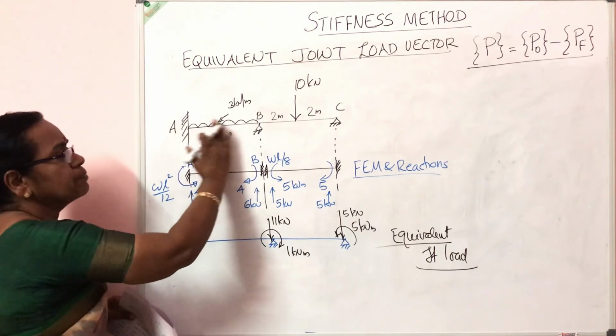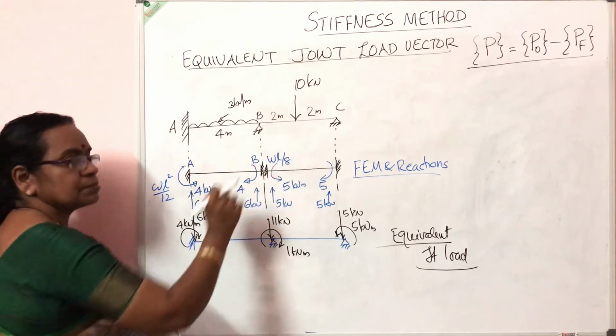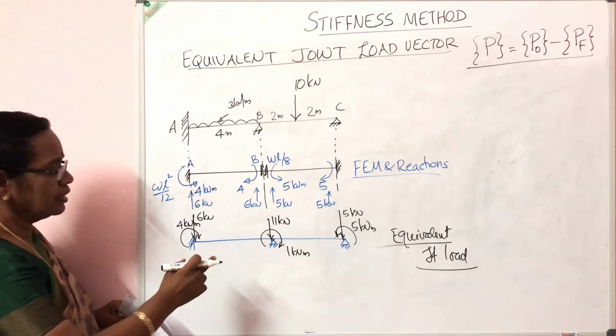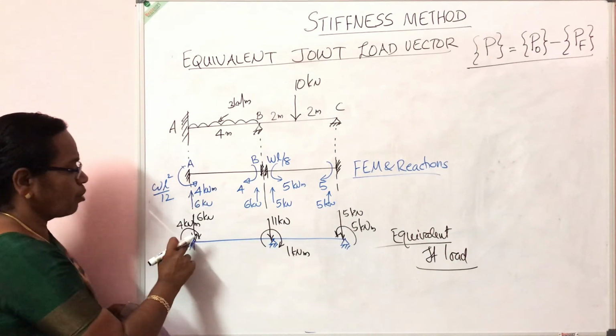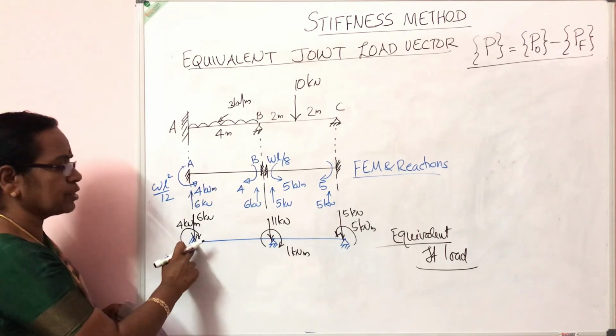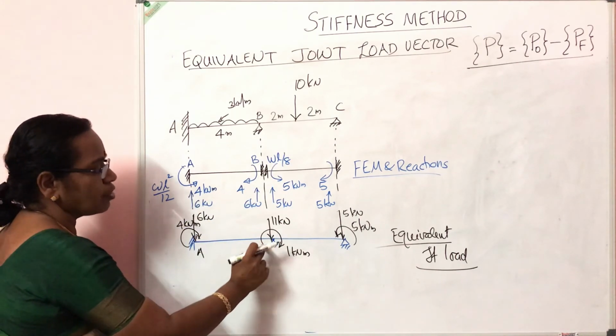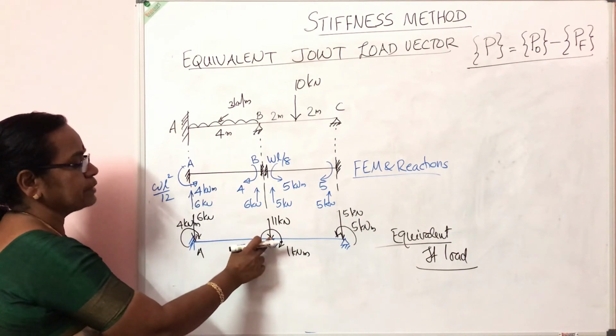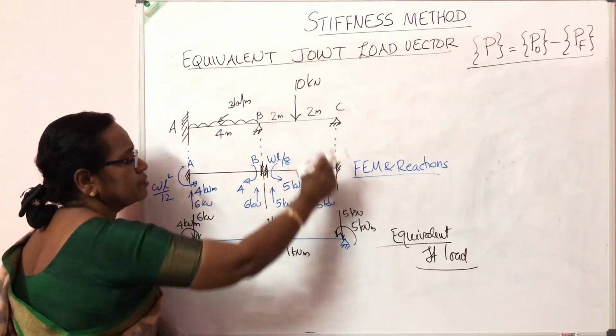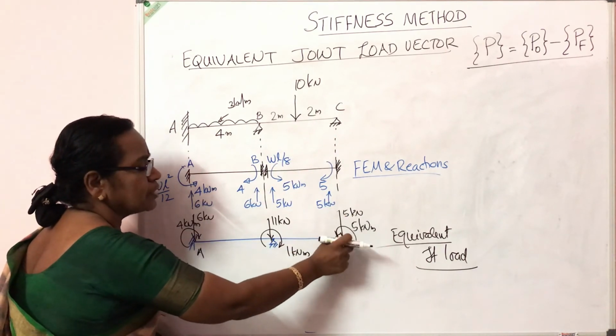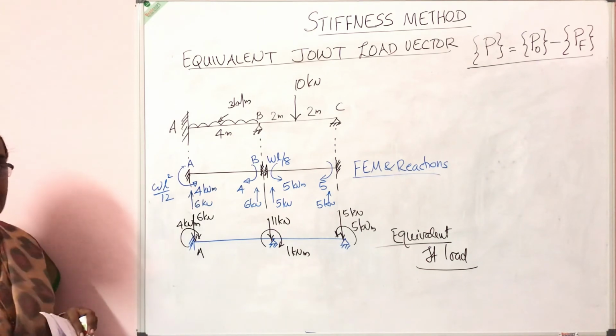So this beam ABC having these loads is replaced as a beam ABC with a moment 4 kN meter and 6 kN acting at A, 11 kN acting downwards and 1 kN meter acting at B, and 5 kN downwards and 5 kN meter anti-clockwise at C.